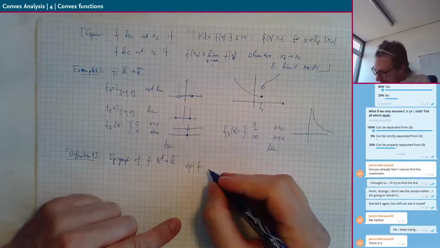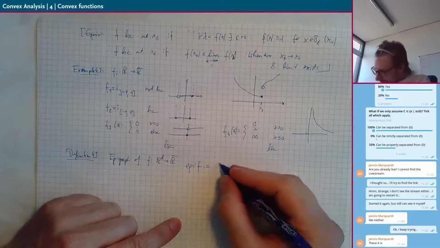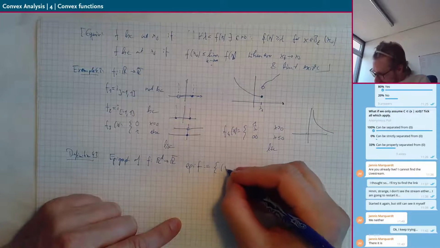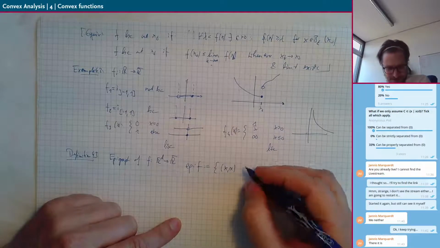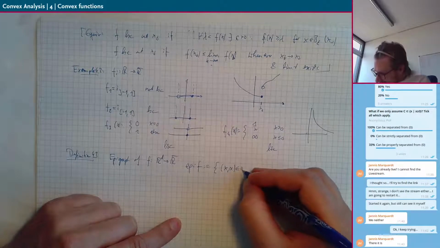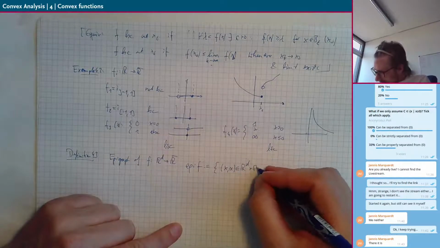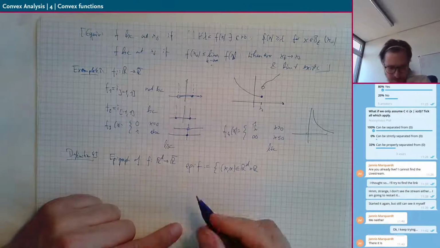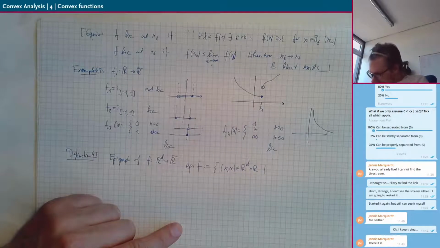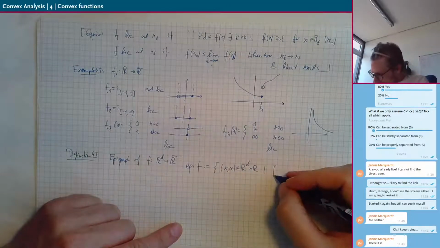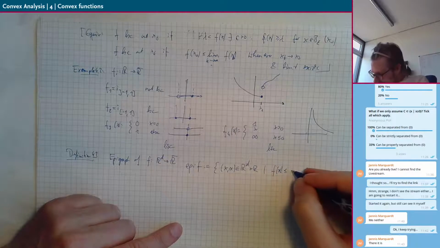Probably I will do both. So the epigraph is a set of tuples x and alpha, where x is in Rd, something which you can plug in here, and alpha is a real number, something which may come out here. And the condition for the tuple x alpha to be in the epigraph is that the function value at x is smaller or equal to alpha.